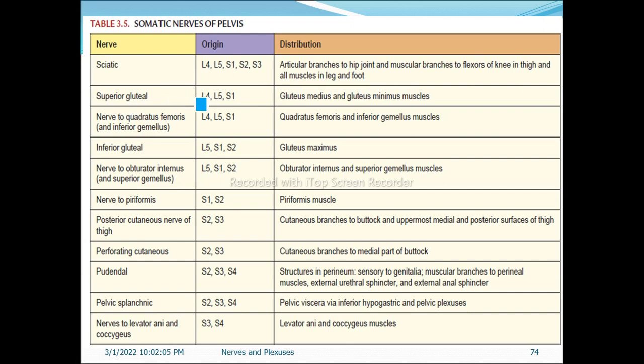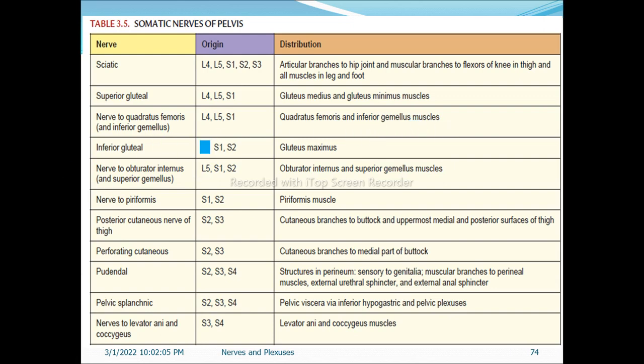The superior gluteal nerve arises from lumbar 4, lumbar 5 and sacral 1, and is distributed to the gluteus medius muscle and gluteus minimus muscle. The nerve to quadratus femoris and inferior gemellus arises from lumbar 4, lumbar 5 and sacral 1, and supplies quadratus femoris and inferior gemellus muscle.